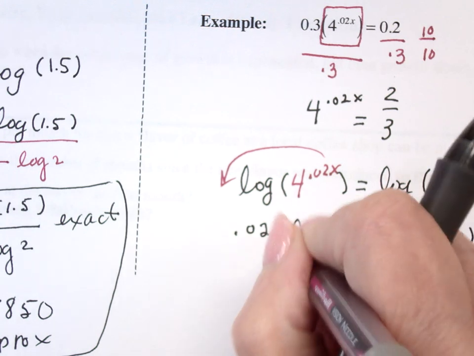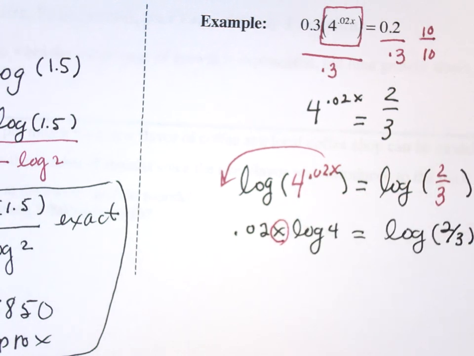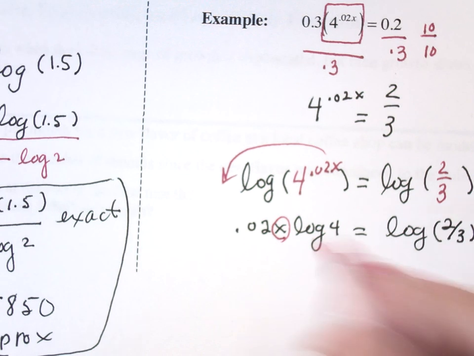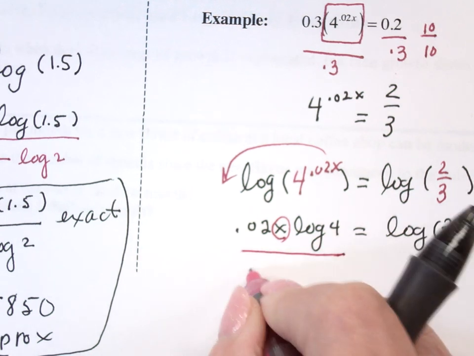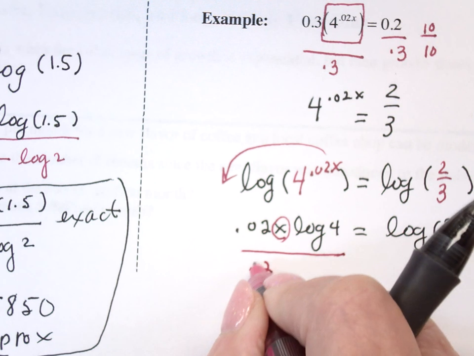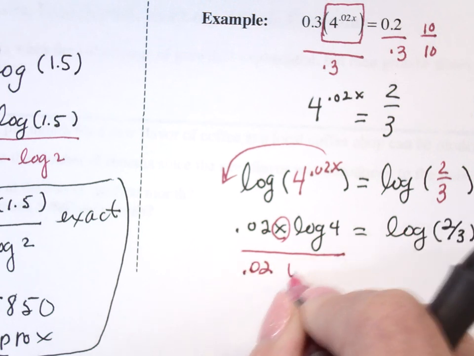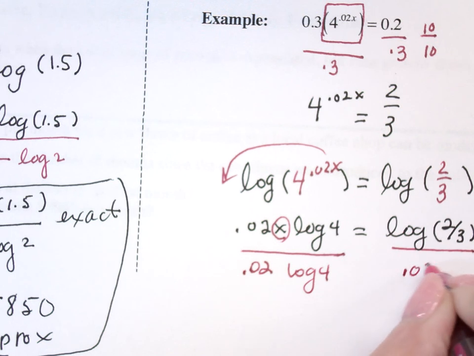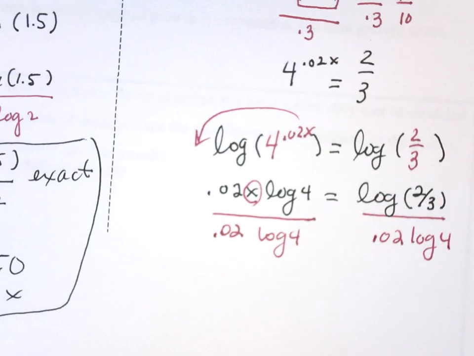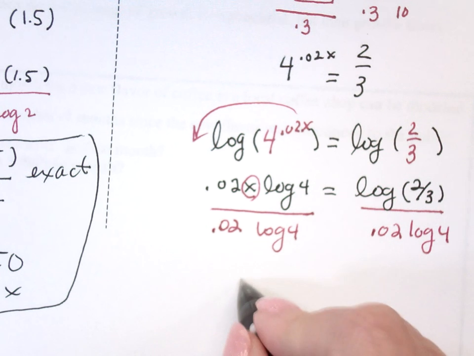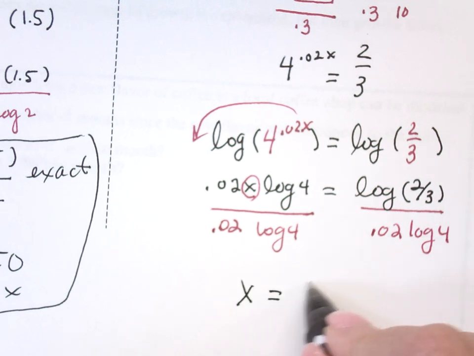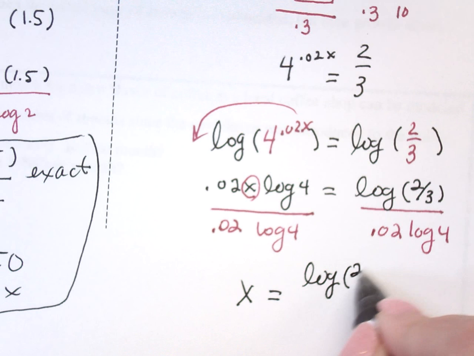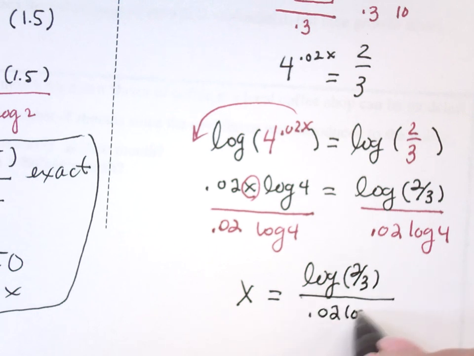I want x. Log of 2/3 is a number, log of 4 is a number. So I just want x, which means I divide both sides by everything that's not an x, 0.02 log of 4. So that tells me that x is the log of 2/3 divided by 0.02 log of 4.